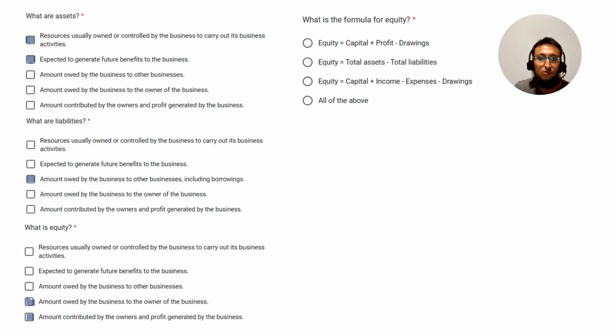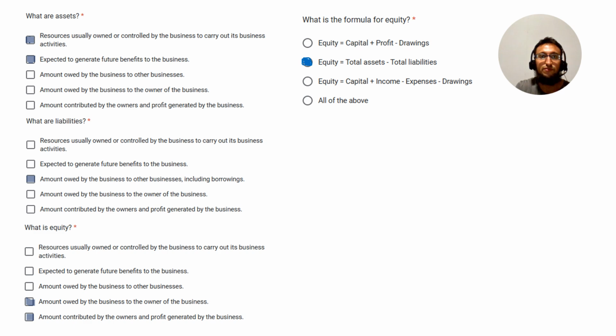Okay, so the most obvious one that we would normally associate with equity would be total assets minus total liabilities. Okay, so let me try to circle this or color this bubble here. All right, so this is the common definition of equity, right? The difference between assets and liabilities.